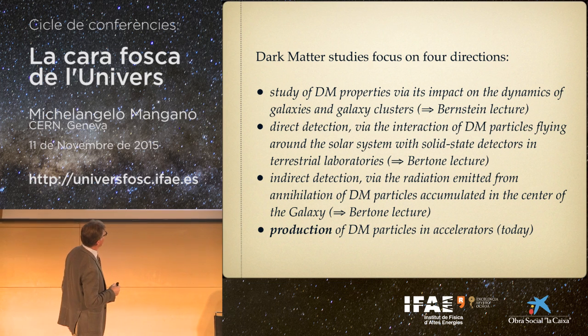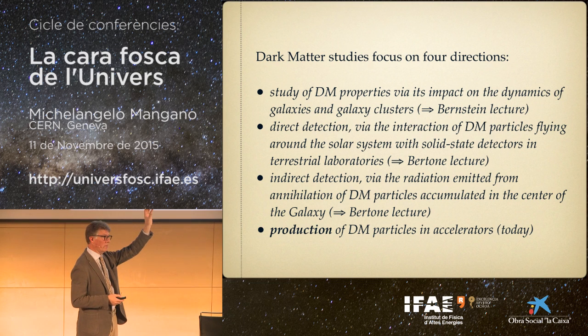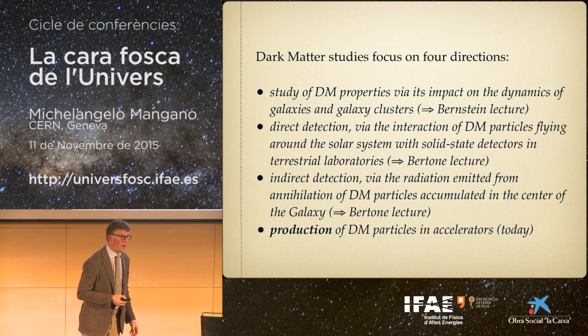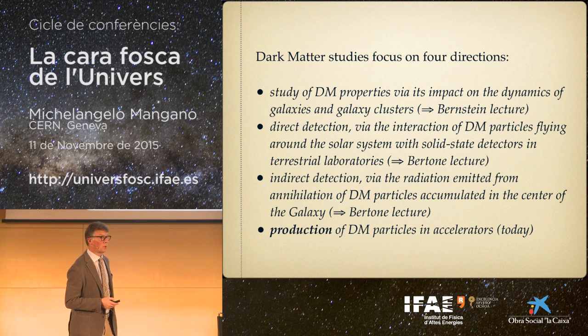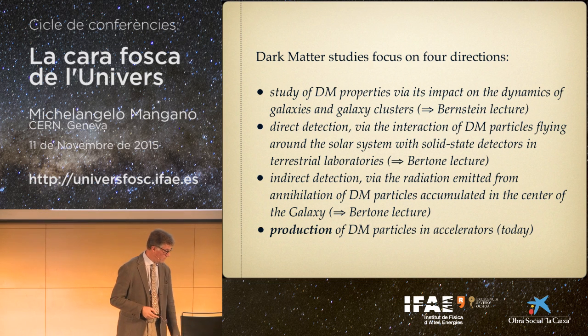This is called indirect detection, namely satellites now, so experiments in orbit around the Earth sensitive to radiation, say gamma rays, for example, X-rays, detect radiation which is unaccounted for by normal astrophysical phenomena and with characteristic features that could indicate the annihilation of dark matter. This again will be covered by Bertone.